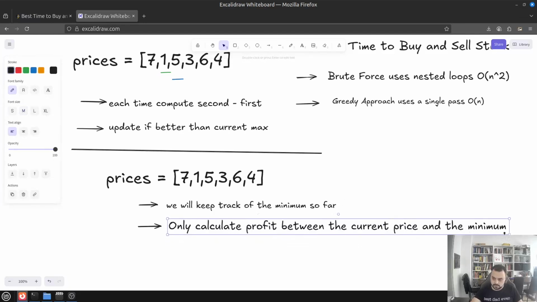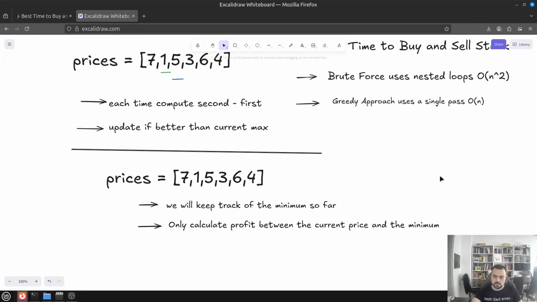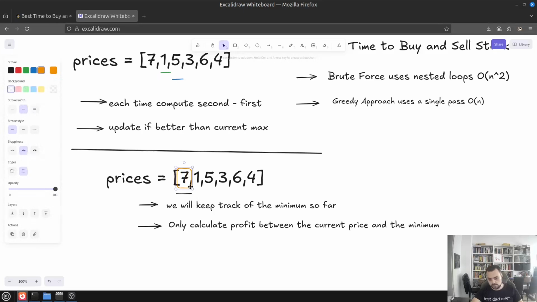And that small change will make us go from O(n squared) to O(n), which let's make the minimum using orange square. Yeah, so the first minimum will be here, of course, with the first number, and then we go here. That will be our second minimum, and we'll get the max profit between 1 and 5, it's 4, then 1 and 3, it's 2, then 1 and 6, it's 5, yeah, and so on and so forth.